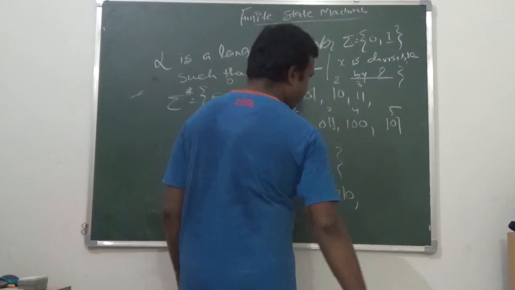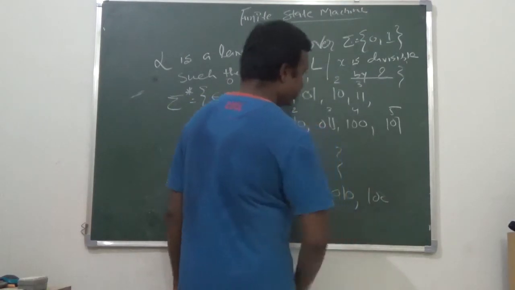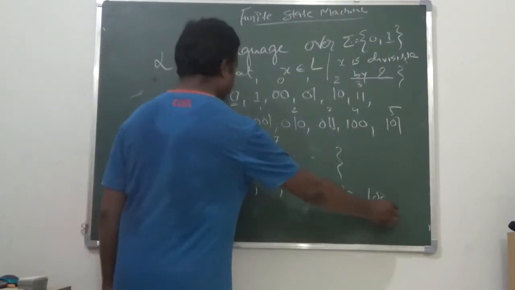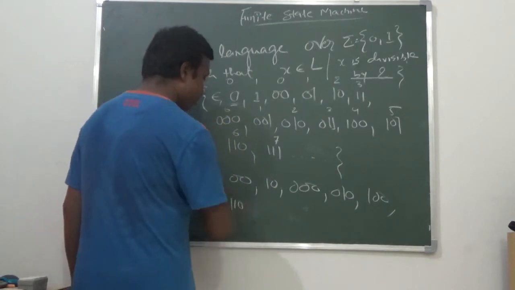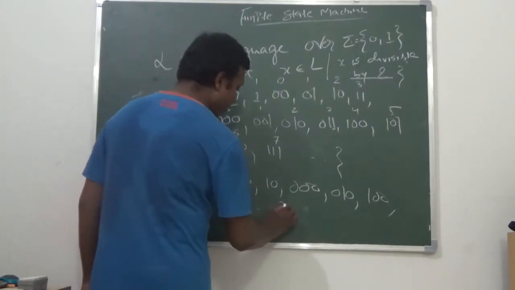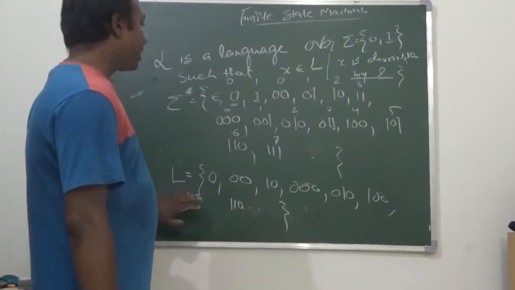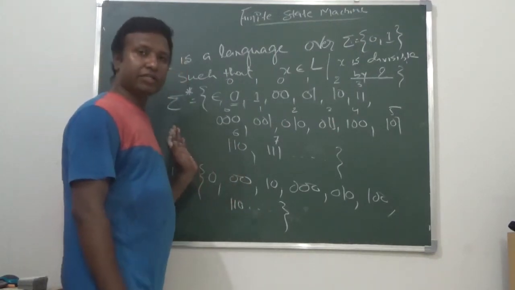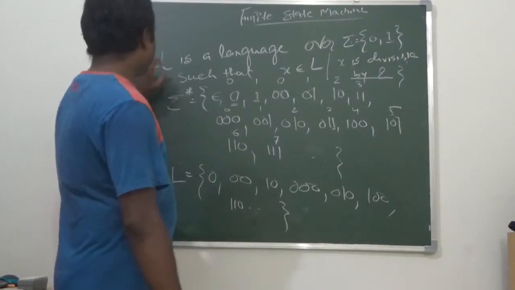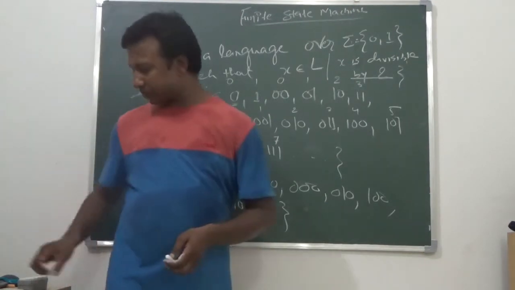This 3 is not divisible by 2. 100 is divisible by 2. Then 110 is divisible by 2, and so on. So this is the language in which every string is divisible by 2, right? So this is a language.